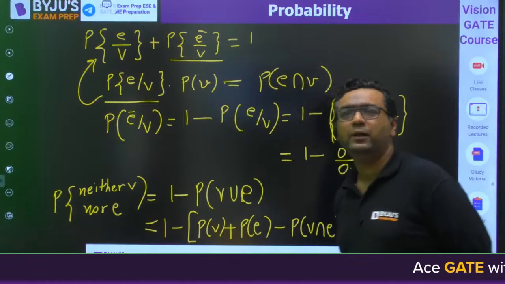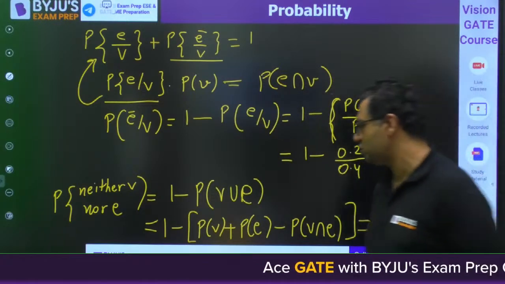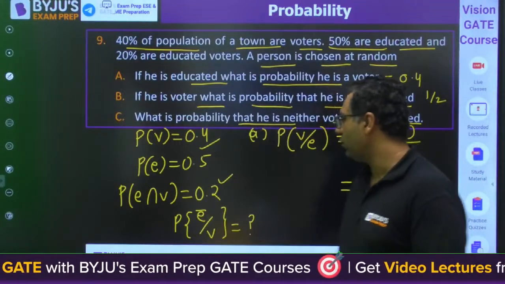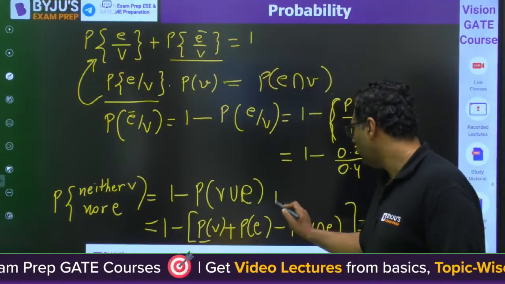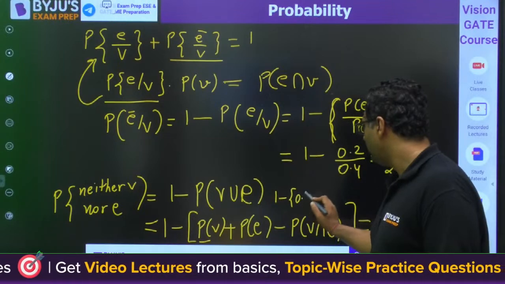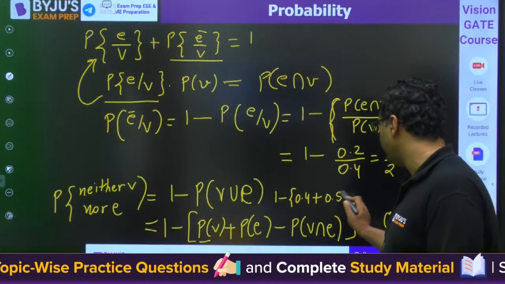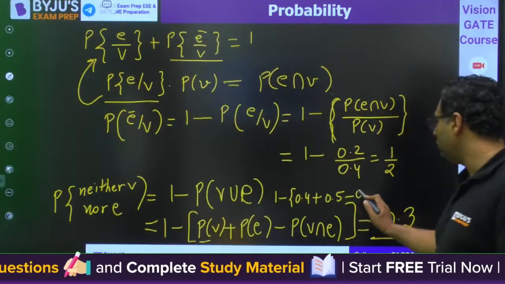Probability of V is 0.4. It is given 1 minus 0.4 plus probability of educated is 0.5 minus 0.2.